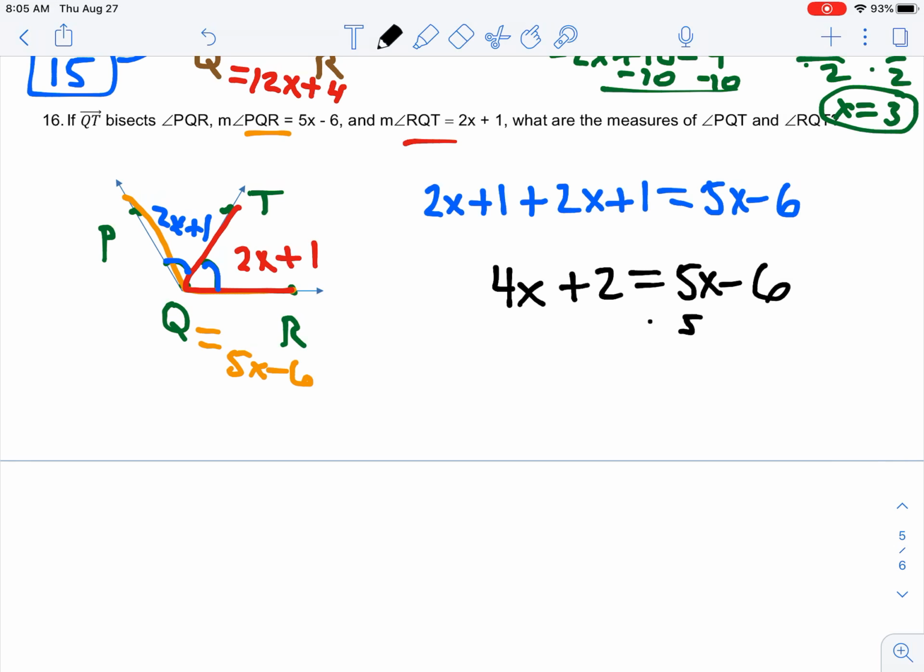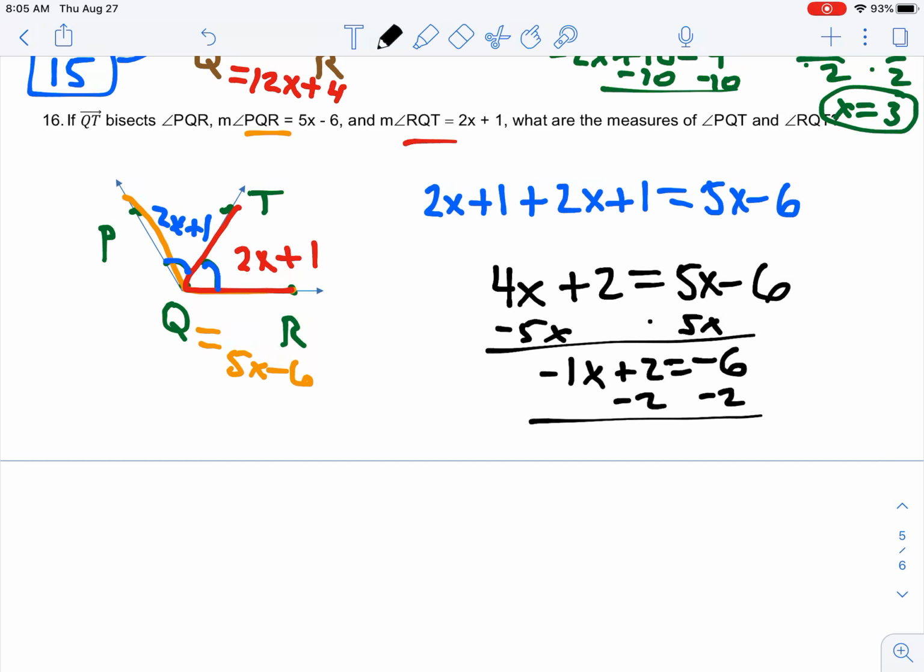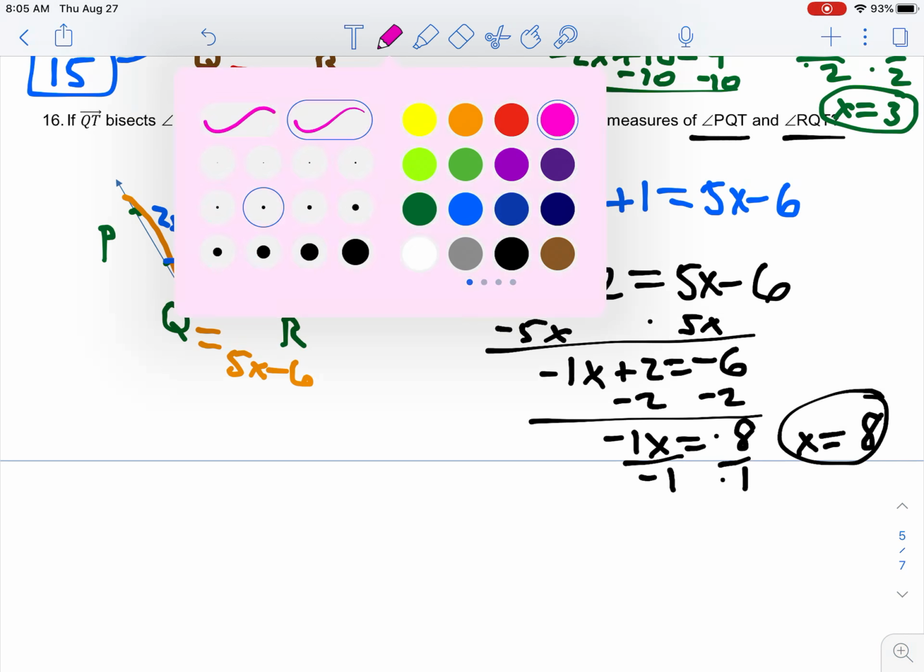If I solve this, I'll subtract 5x from both sides. I'm left with negative 1x plus 2 equals negative 6. I'll subtract 2 over, and I get negative 1x equals negative 8. I'll divide by negative 1, which will tell me x equals 8. Now, the question asks us to find PQT and RQT.